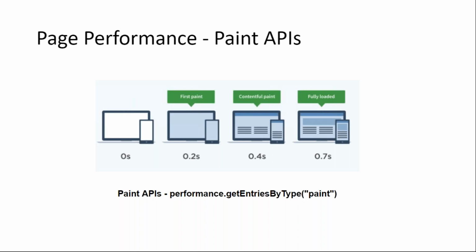This is a very small, psychological thing, but when it comes to business, when it comes to revenue, these things make a huge impact. That is what the statistics say. So how fast you can have your first paint will make your user stick to your application, stick to your page without moving to another tab.